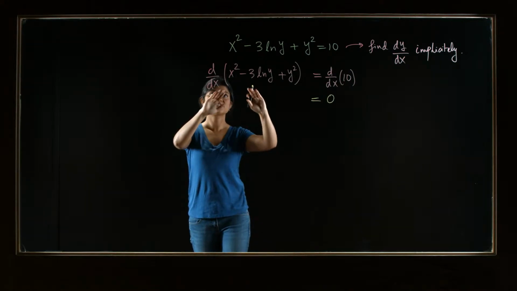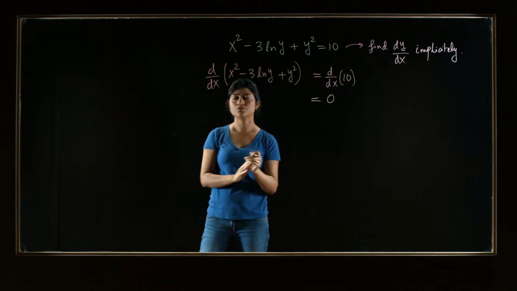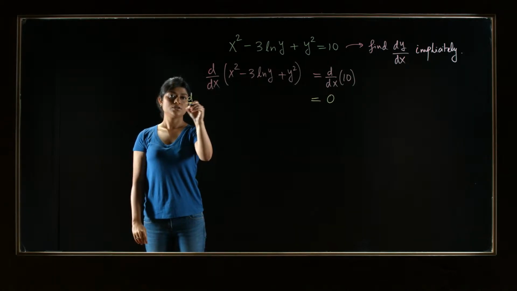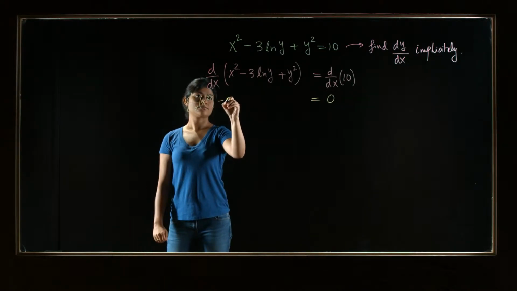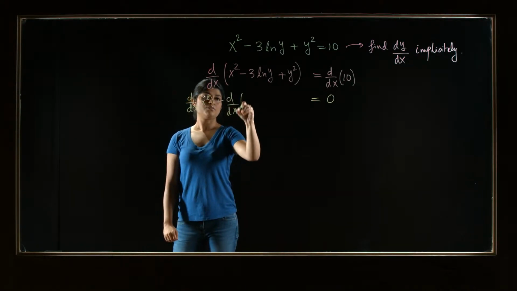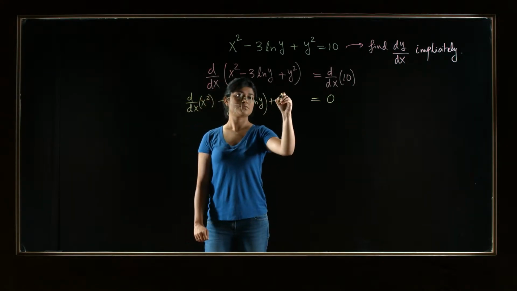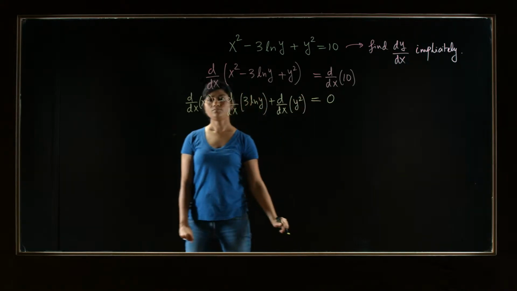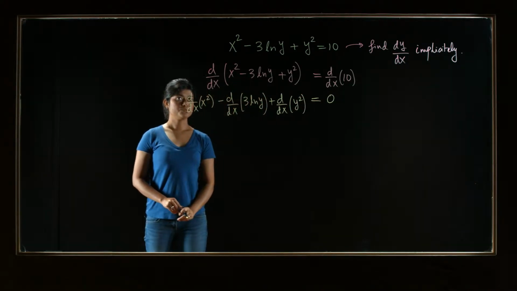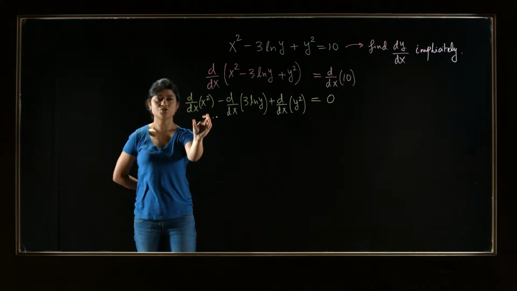So let's first split this entire derivative into three separate derivatives. So we will have the derivative of x square minus derivative of 3 ln y plus derivative of y square. And we have to evaluate each one separately. So let's start with the first one.